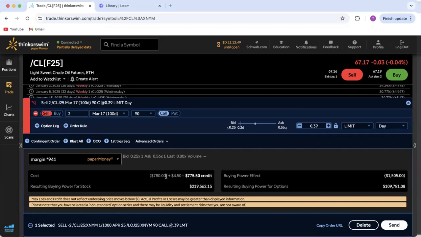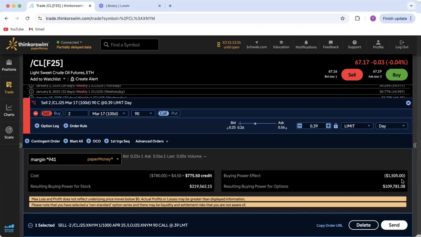Everybody see that? My 780 is my gross minus $4.50 in fees, so I'd collect a net of 775.50. And then you see this buying power effect over here, the 1505. That's what they're setting aside in my account to guarantee that trade.